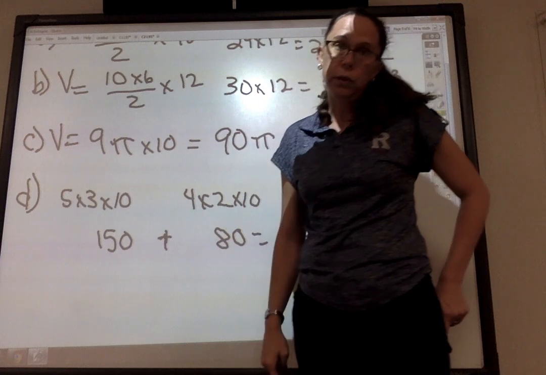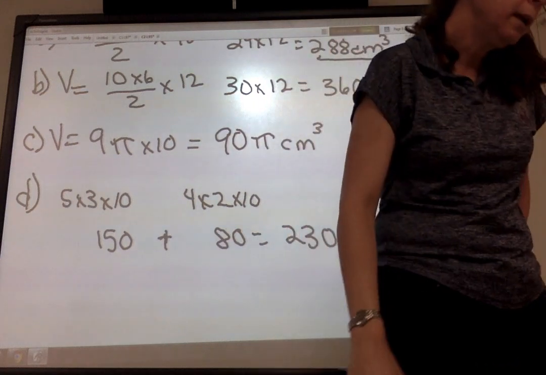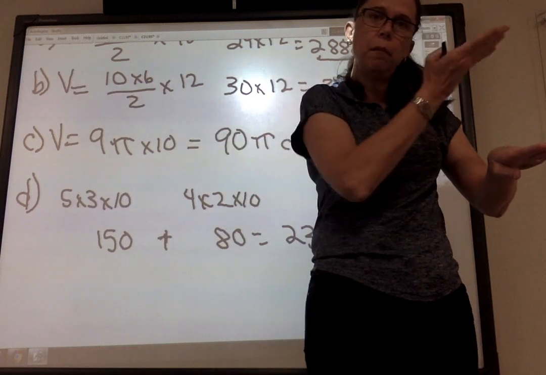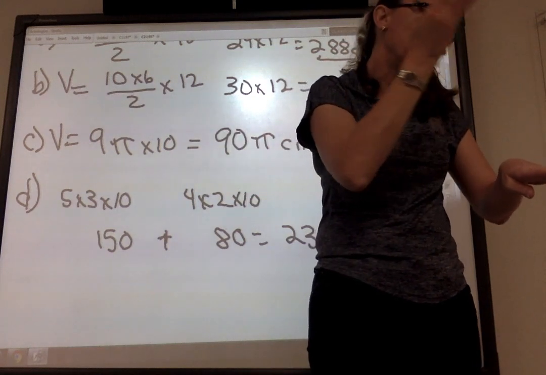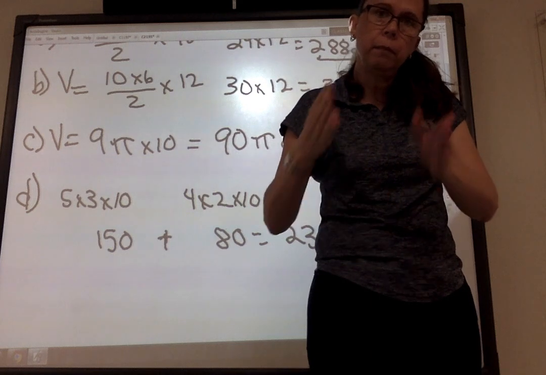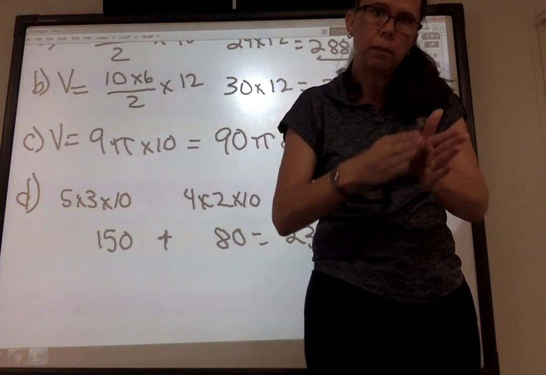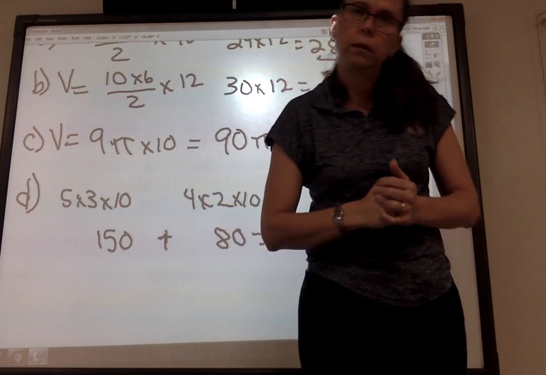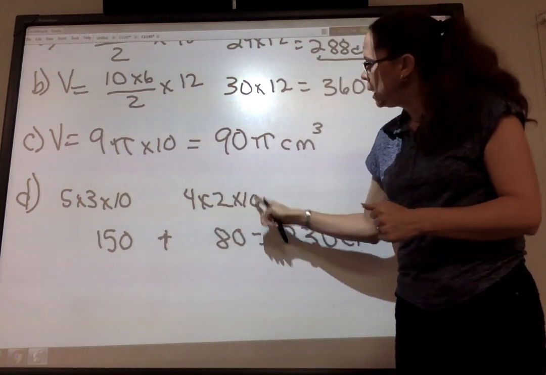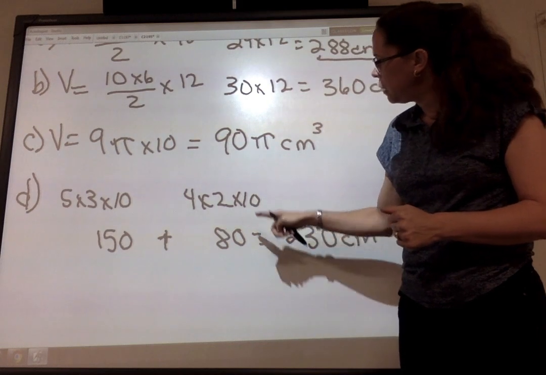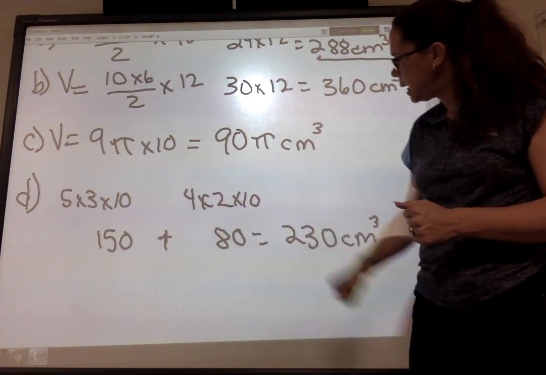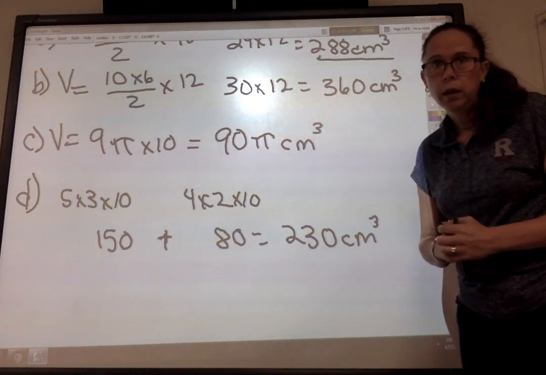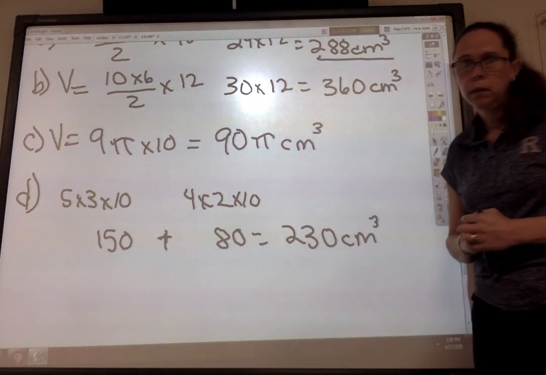That gave me 150. And then the step part. I knew the whole bottom was 7. The high part was 3 across. That meant on the bottom, just that little bottom section, I kind of chopped it off. It measured 4 by 2. And then the height was 10. 4 times 2 is 8, times 10 is 80. So then I added 150 and 80, and I got 230 centimeters cubed.